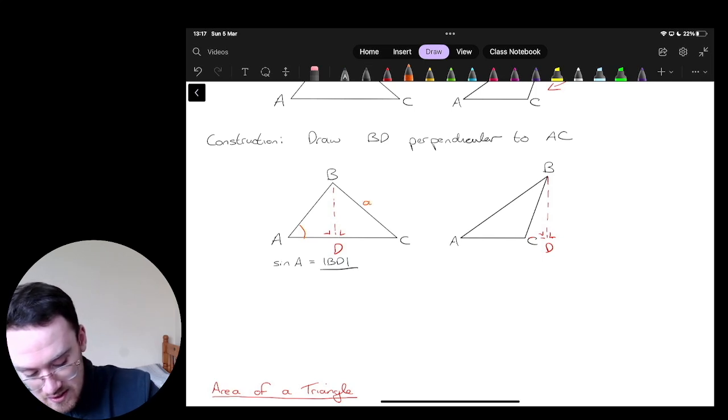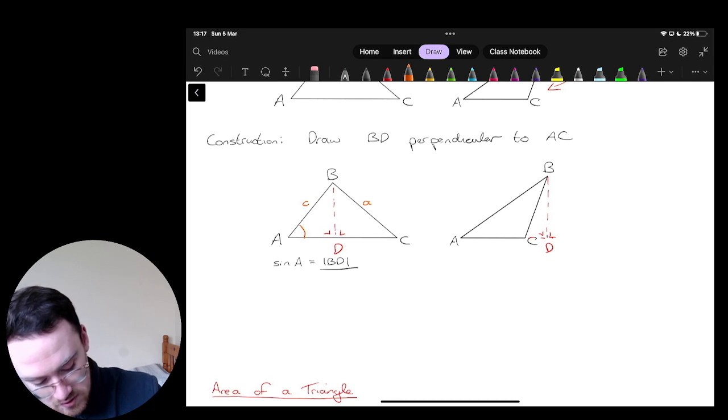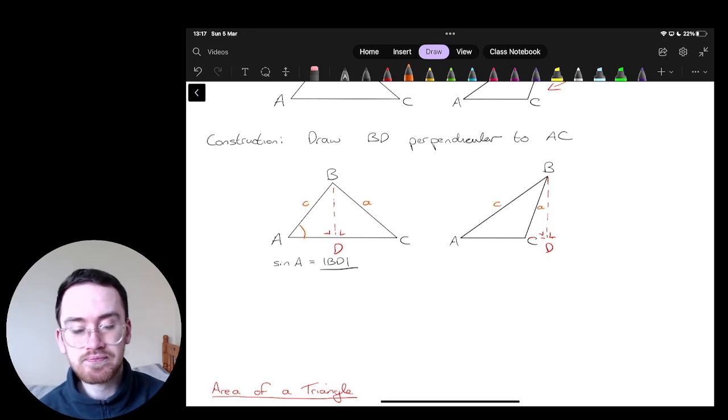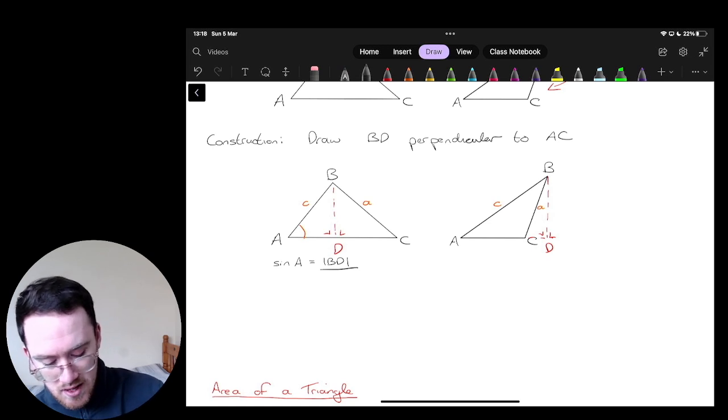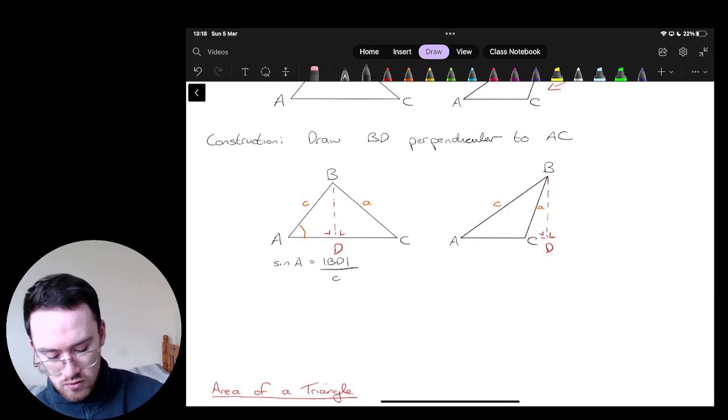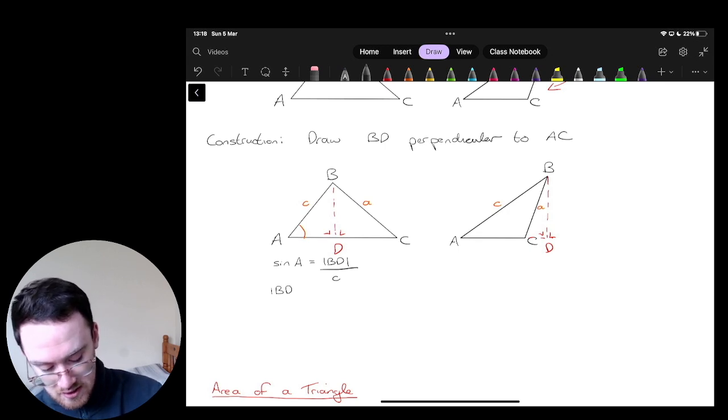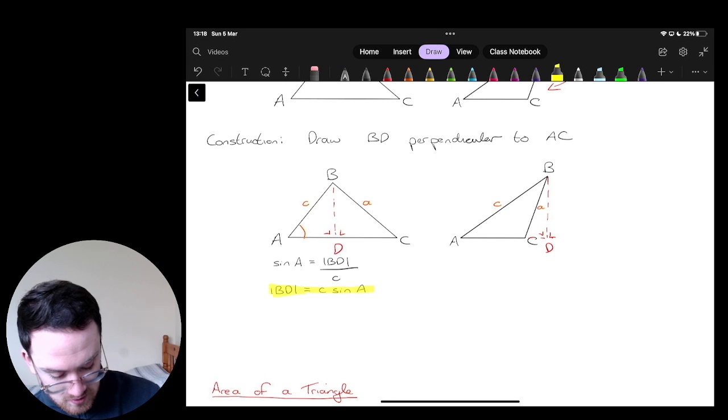If I call this side A, this side C, and do the same over here, again, just the side opposite the angle, then sine A will be BD over C, which I can rearrange to get BD is C sine A. That's my first equation.